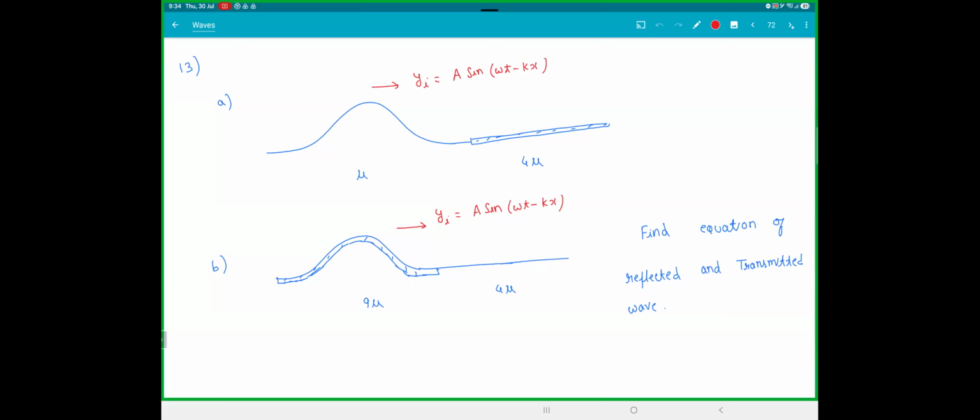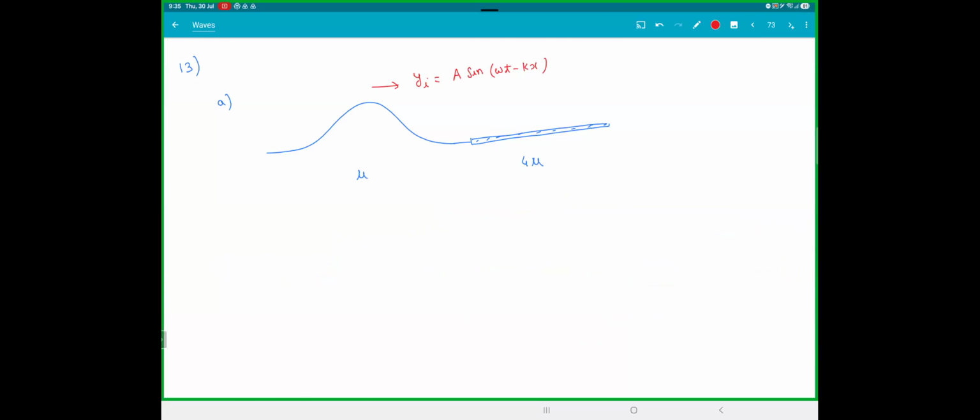Let's see. So when this wave goes right, I know this will be down and this will be up, because you're going from light to heavy. But let's see what the answers will give you. So this is y transmitted and this is y reflected.